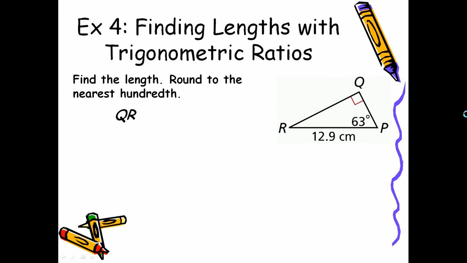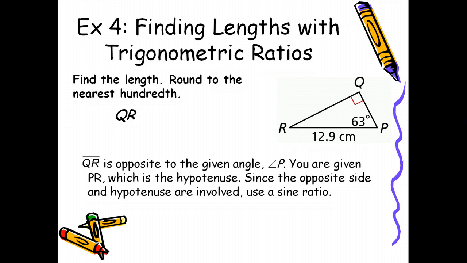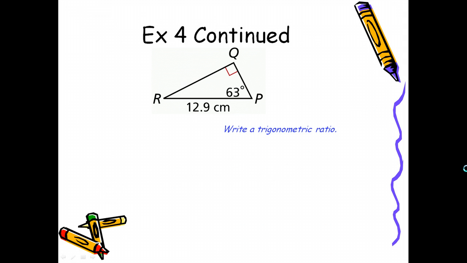Let's try another one. We want to round to the nearest hundredth, and we want to find QR. We're given the hypotenuse in this case and one angle. QR is opposite of our given angle. So we can use the hypotenuse and the opposite, which would be sine. Sine of P equals the opposite leg over the hypotenuse, which is QR over PR.